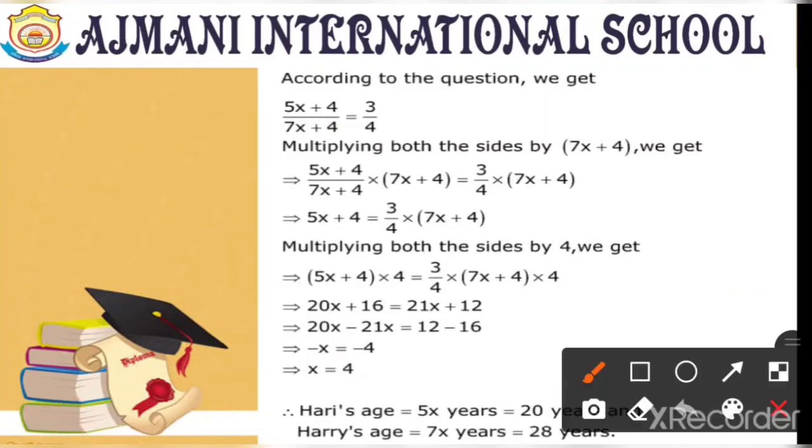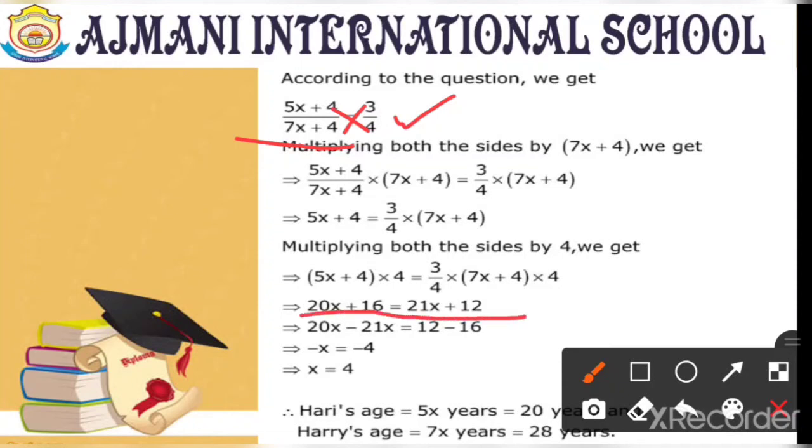And according to the equation, the ratio of their ages after 4 years, that means (5x plus 4) and (7x plus 4), would be 3:4, means 3 upon 4. After we do cross multiplication, we will get 5 4s are 20x plus 4 4s are 16 is equal to 21x plus 12.